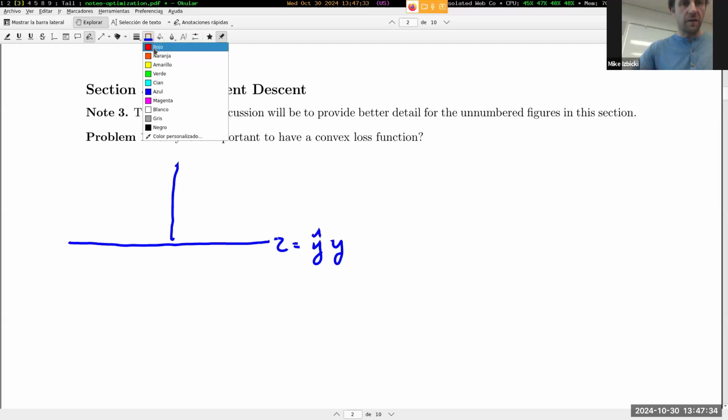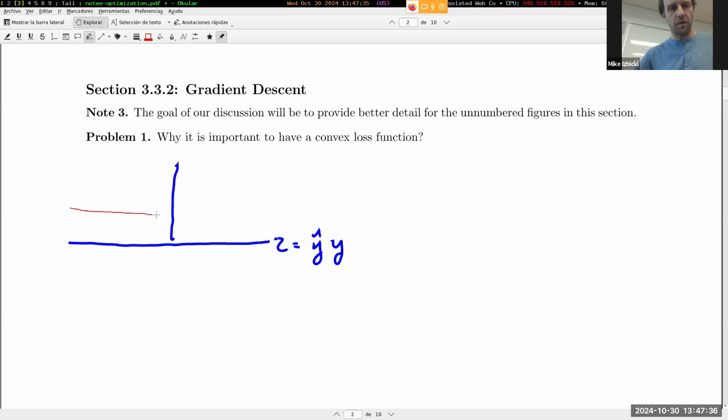And the loss function itself is this step sort of function like this. This is the 0, 1 loss. And the commonly used variable for this loss function when it's plotted like this is the letter q, with z here being the parameter, which again is this y hat times y.